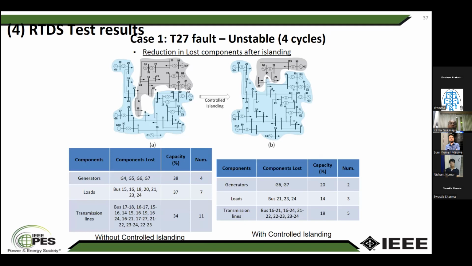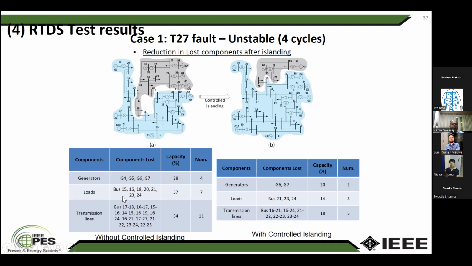Just before going to the second scenario, in terms of the number of components lost, for the unintentional island, G4, G5, G6, and G7, so 4 generators are lost, 30.8% of the capacity is lost.